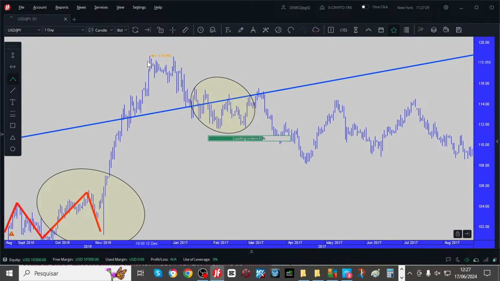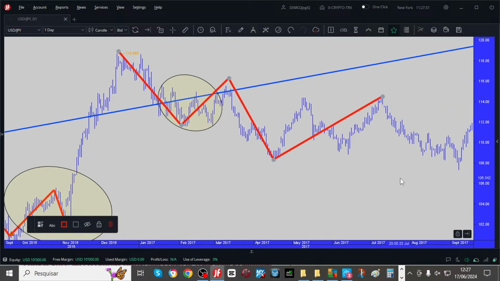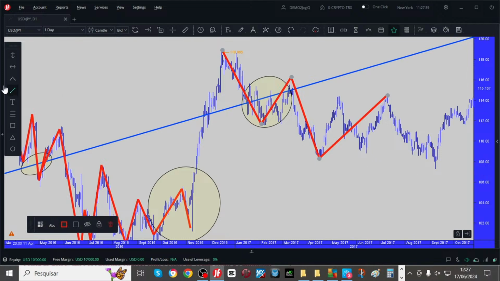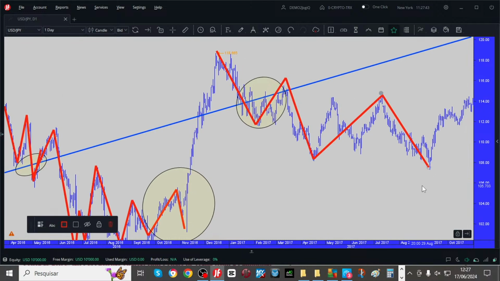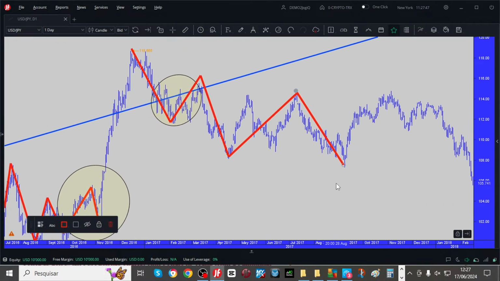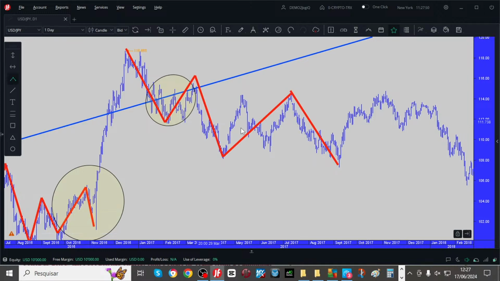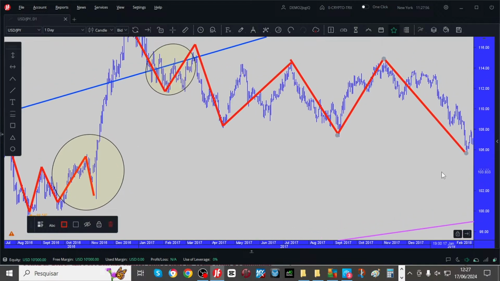Now, talking about the market wave: extension, retracement, extension, retracement, lower low, lower low, lower low, extension. And maybe one more lower low, there you go. Extension, retracement, extension.